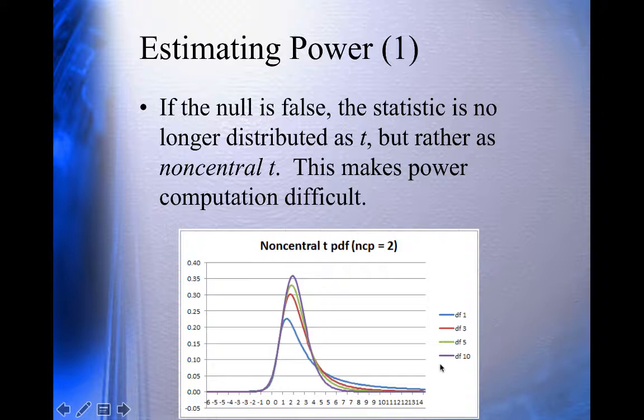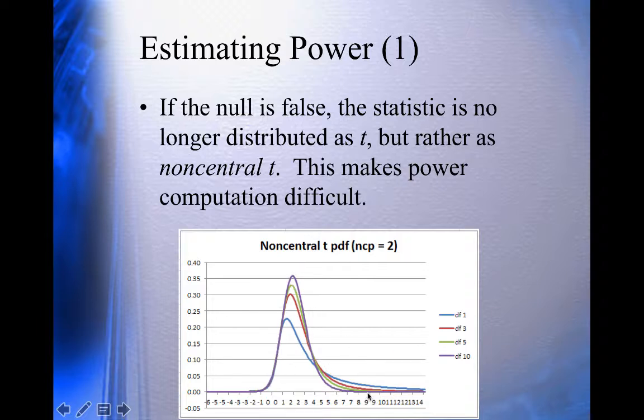You can see that you've got the shape here that's the same on the back side, but it's flattened out on the top side. So here we have a non-centrality parameter of 2, and this is basically the idea that the truth in the population is there's a mean difference of 2. And so instead of 0, it's cranked up here. And so with 1 degree of freedom, you'd get this ugly result, and with 5 and with 10, you get the purple line.